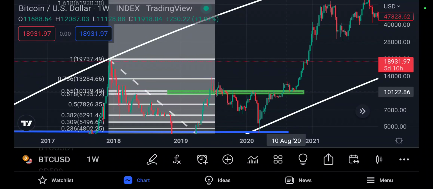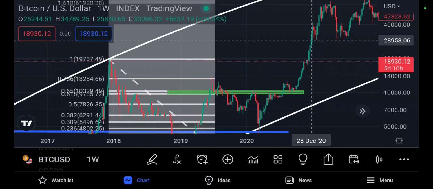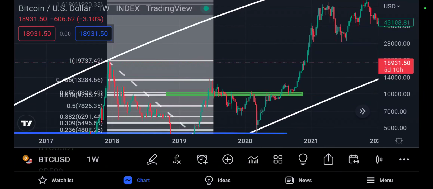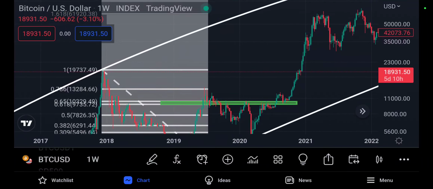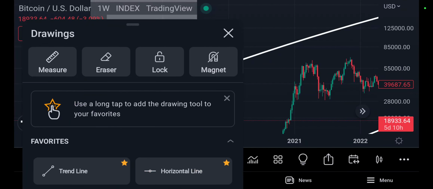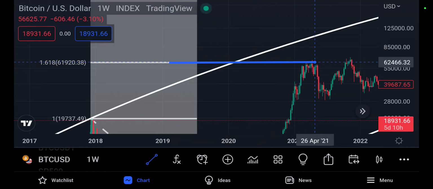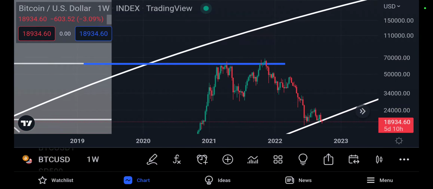So once we got above the 0.618 Fibonacci, we had another major increase, and we have to expect it to go towards the 1.618 Fibonacci. And look at that. The 1.618 Fib is literally saying $61,920. And I'll just bring this across. Bam. And look at that.